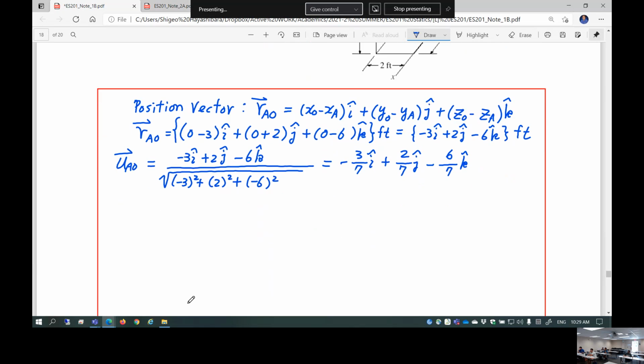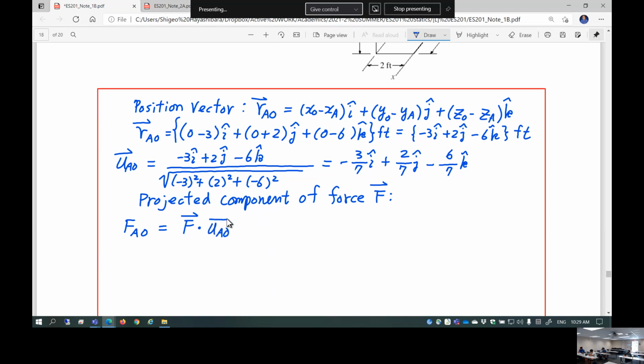Okay. So now, the projected component of force F. You're going to find essentially FAO. This is essentially the force vector F taken dot product against UAO.